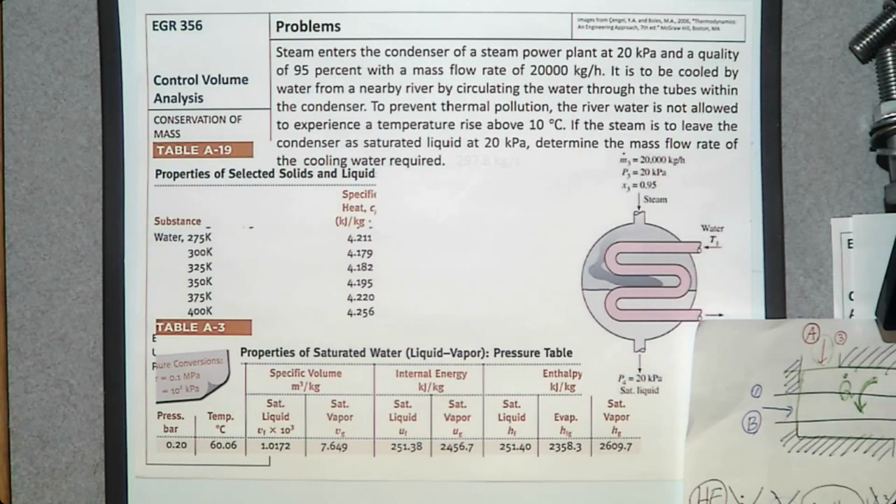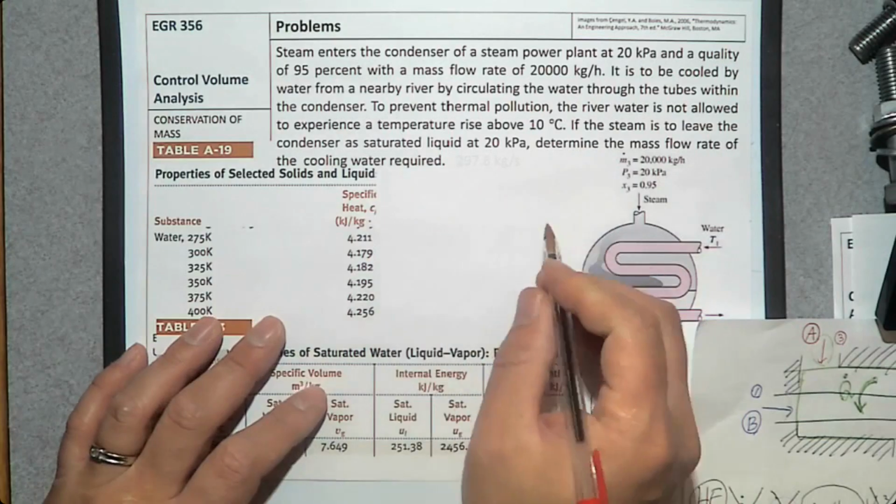After this steam expands, the low pressure, low temperature steam is going to exit the turbine, and we need to remove the waste heat in the steam. So right after the turbine, we are going to use water from a nearby river to remove that waste heat. This is how it works.